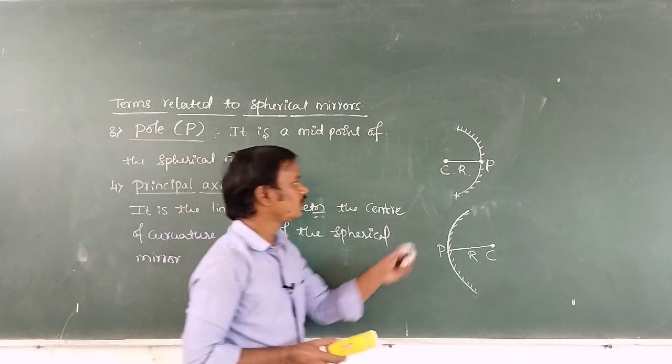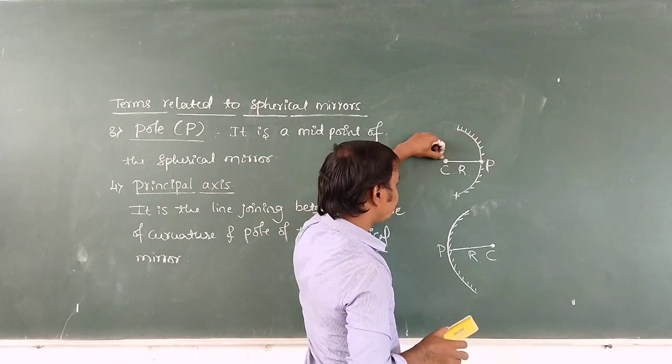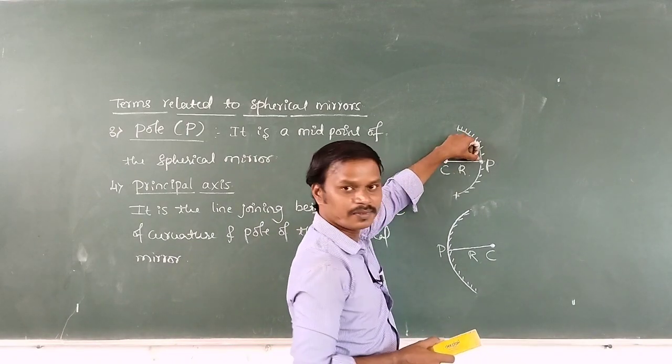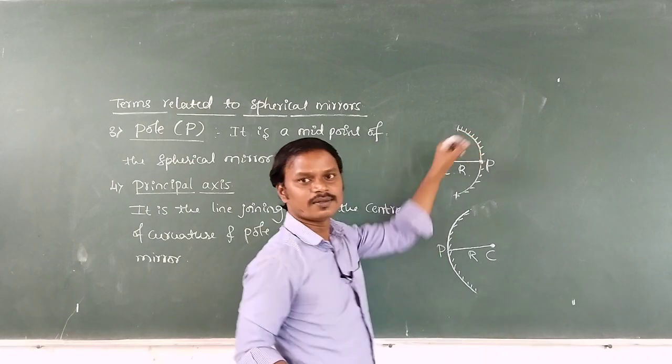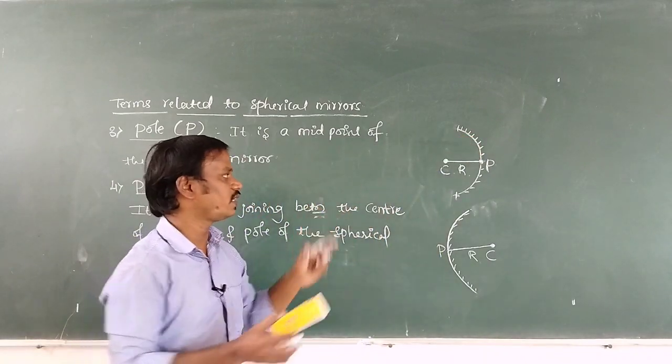So listen here. It is the line joining between center of curvature and pole of the mirror. So we can extend the principal axis at both sides.